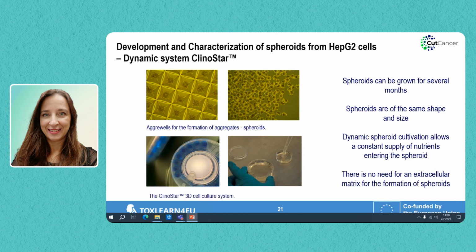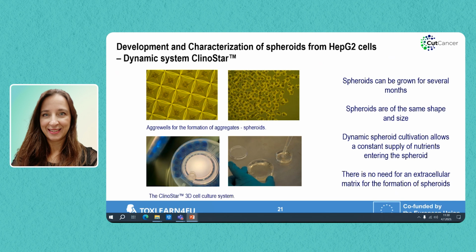Because of this rotation, they have a constant supply of nutrients, and because of the faster movement, these nutrients can reach the inner part of the spheroid, and at the same time waste material can go out. So they have better-conditioned cells for growth, and they are much more viable.